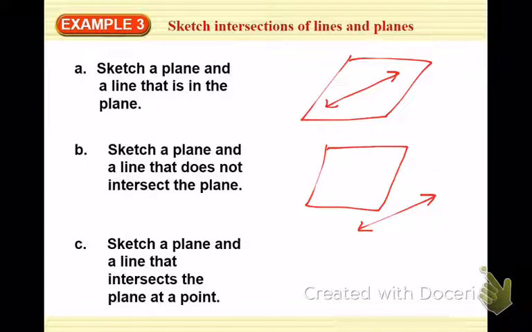Now, the last one here says sketch a plane and a line that intersects the plane at one point. So we can draw our plane. Now, I want the line to intersect the plane at one point. That means that part of the line needs to be inside the plane and part of the line needs to be outside the plane when I draw it. I like to do this. We have to make this a three-dimensional picture. The plane is in 2 dimensions. I need the line to come out of that plane, so it's going to introduce a third dimension.